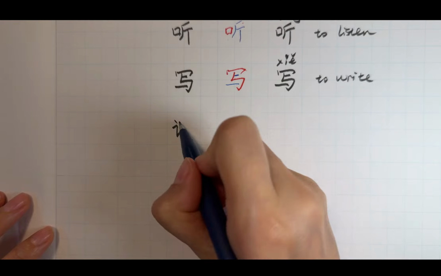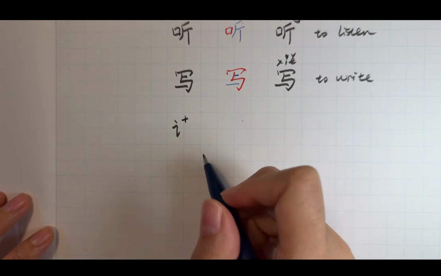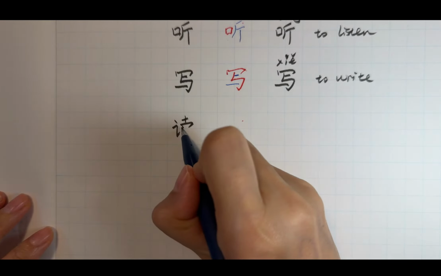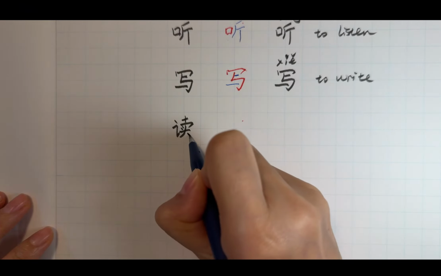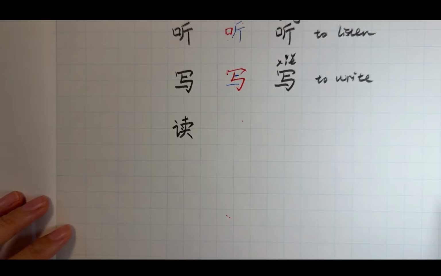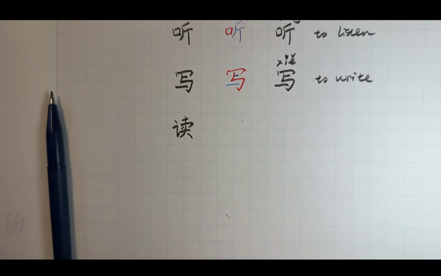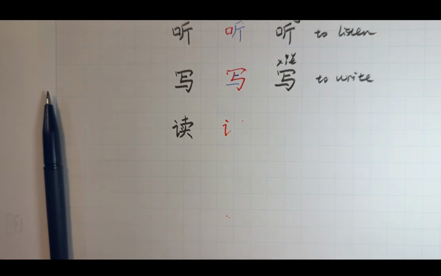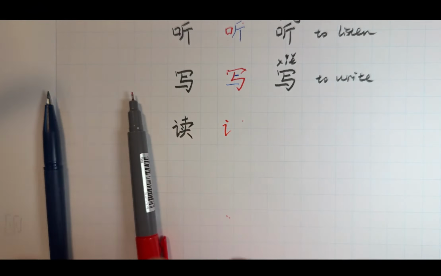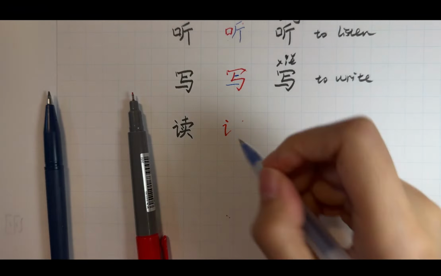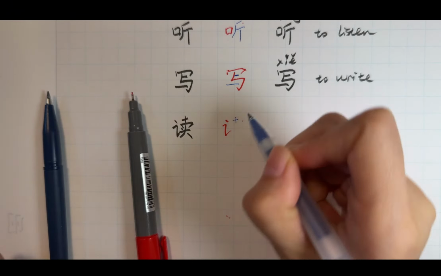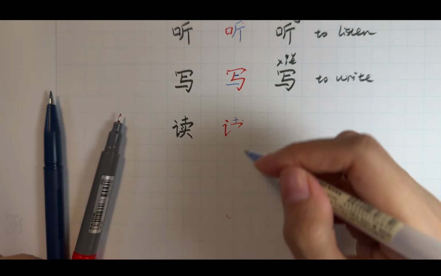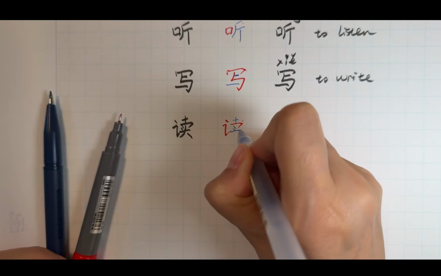We have 言字旁 and then a cross and then this and then the head 头, because we'll use our head to read. We have the 言字旁 and draw a cross. Draw this and draw a 头.